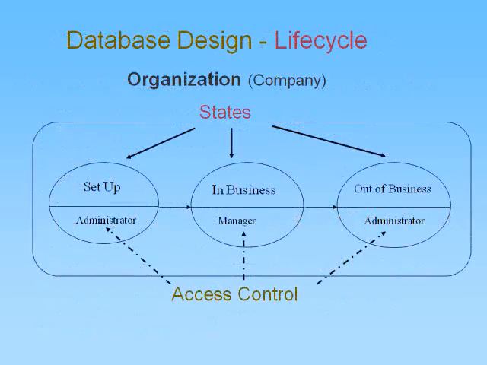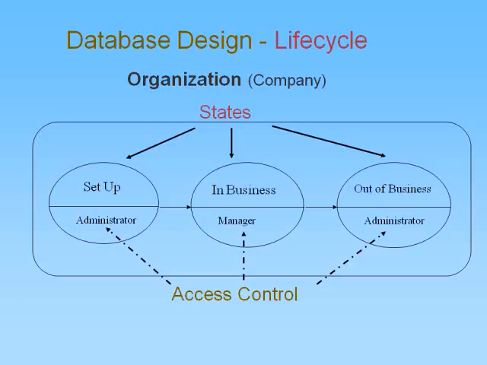When defining the life cycle, we define the life cycle's name and each state's name. In this example, the life cycle name is organization and the state names are setup, in business, and out of business. Then we define what type of object it controls. In this case, it's type company.